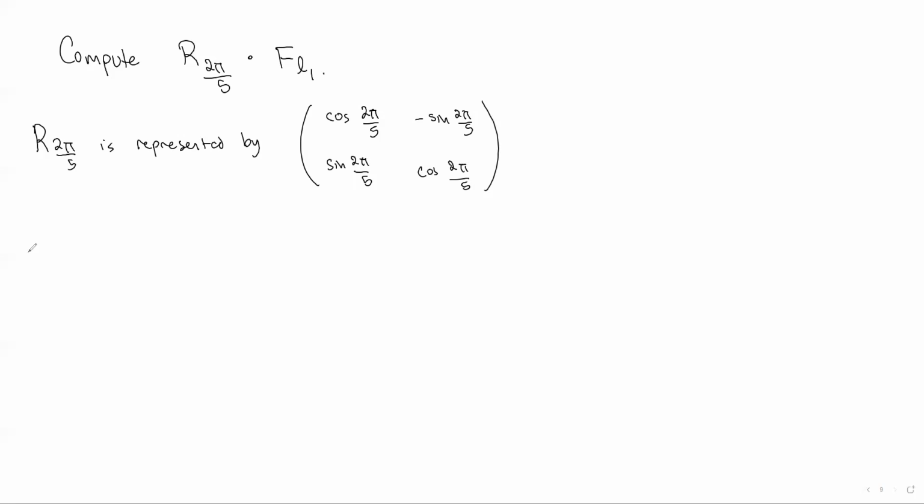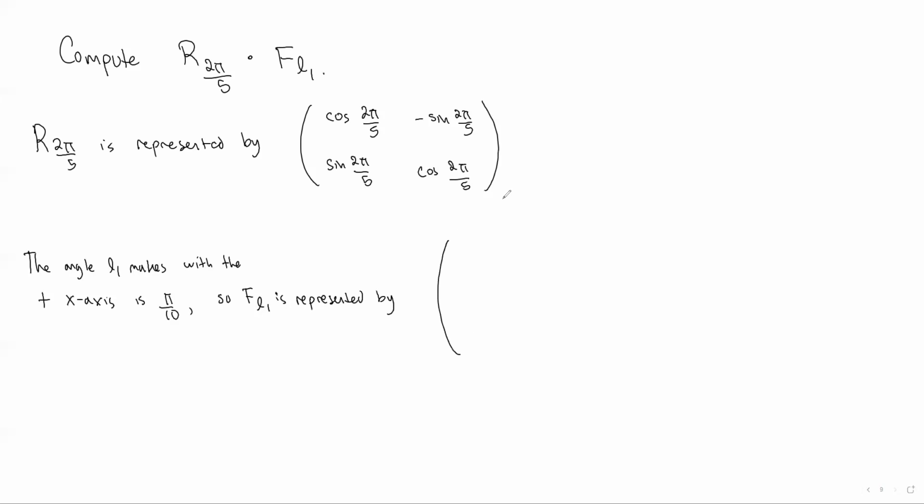And for f of L1, the angle L1 makes with the positive x-axis is pi over 10. So f of L1 is represented by cosine pi over 5. Remember, I have to multiply the angle by 2. Sine pi over 5, sine pi over 5, negative cosine pi over 5.